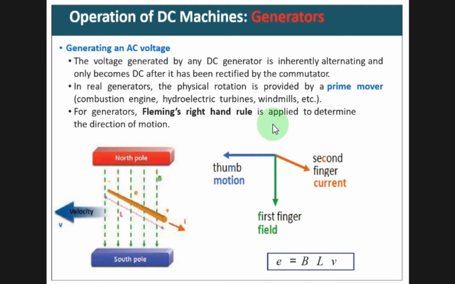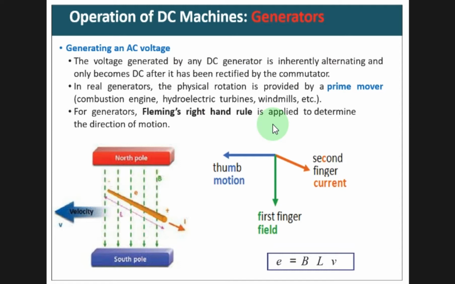First finger points towards the magnetic field, and the thumb is pointing towards the direction of motion or direction of speed of the coil, right? So magnitude wise, the generated EMF is proportionate to the magnetic flux density, the length of the conductor, and the speed that it is moving.